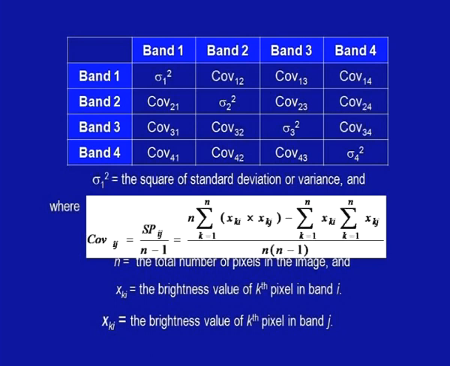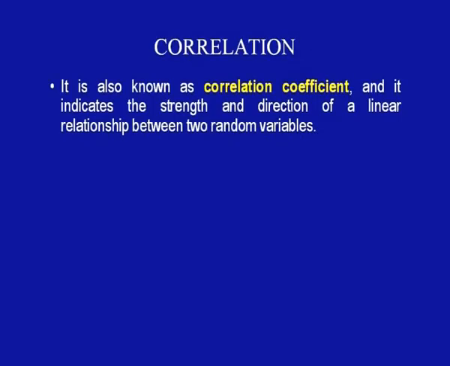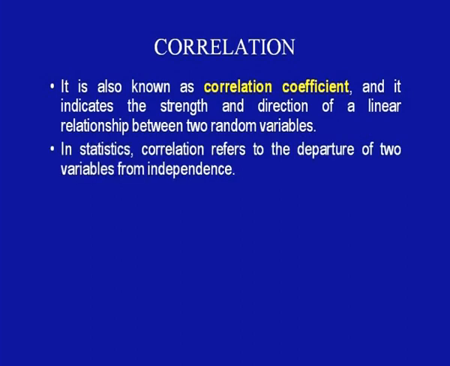Having computed the covariance matrix, we then compute the correlation matrix. The correlation matrix is also known as the correlation coefficient, and it indicates the strength and direction of a linear relationship between two random variables. In statistics, correlation refers to the departure of two variables from independence.